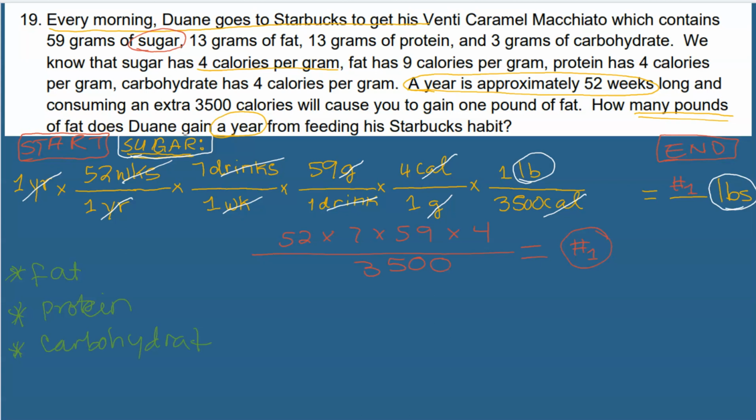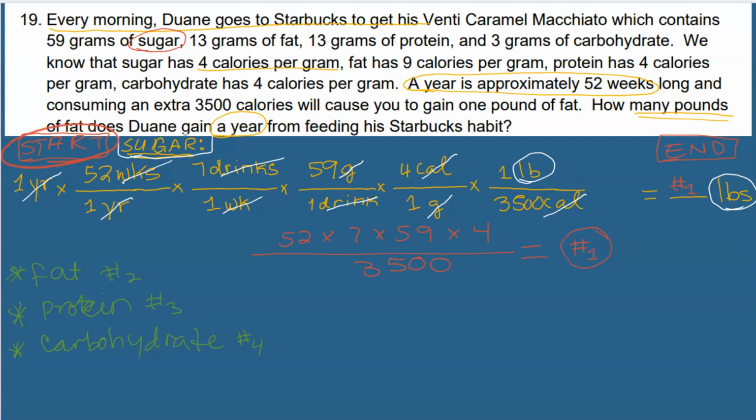You would get answer number 2, answer number 3, answer number 4, and then add them all up, and that's how many pounds of fat Dwayne would gain if he didn't burn off the calories. All right, so that is how we approach unit conversion.